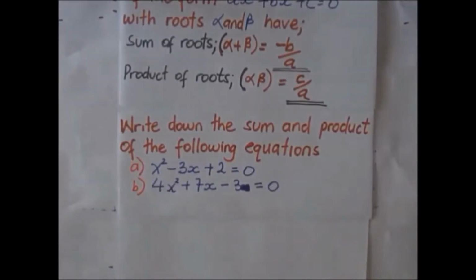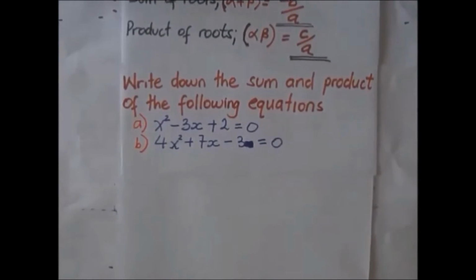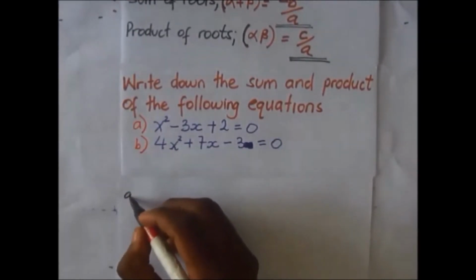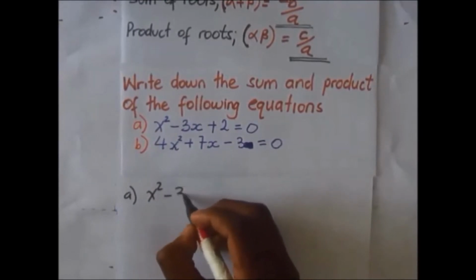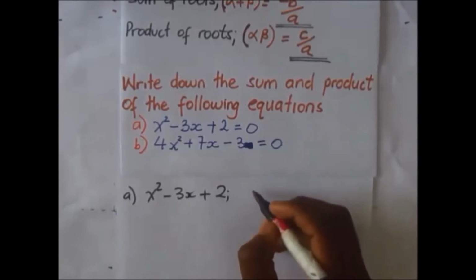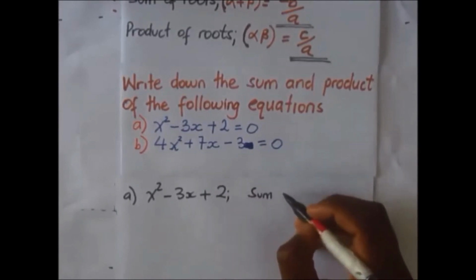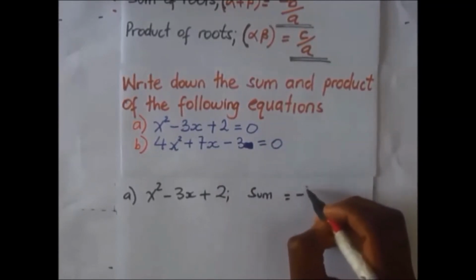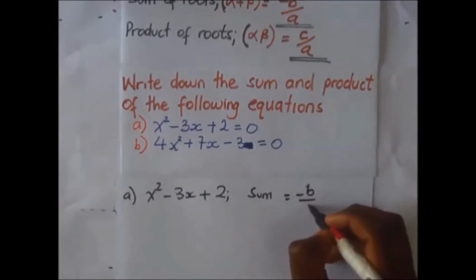Write down the sum and product of the following equations. Roman 1, part A, we have x squared minus 3x plus 2. Now, of course, the sum is going to be equal to negative b over a.